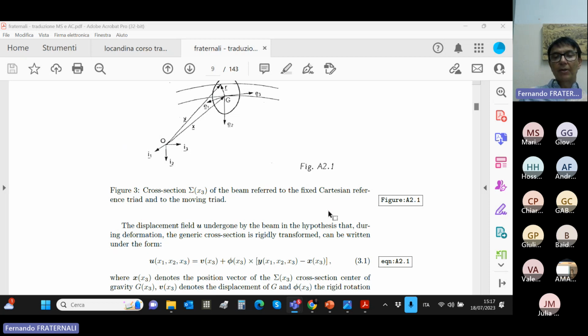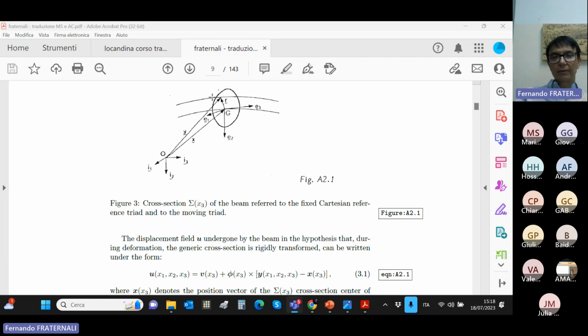So y minus x: y is the position vector of the generic point of the beam, while x is the position vector of the centroid of the same section. So y minus x gives r, the position vector relative to the centroid of the cross section.